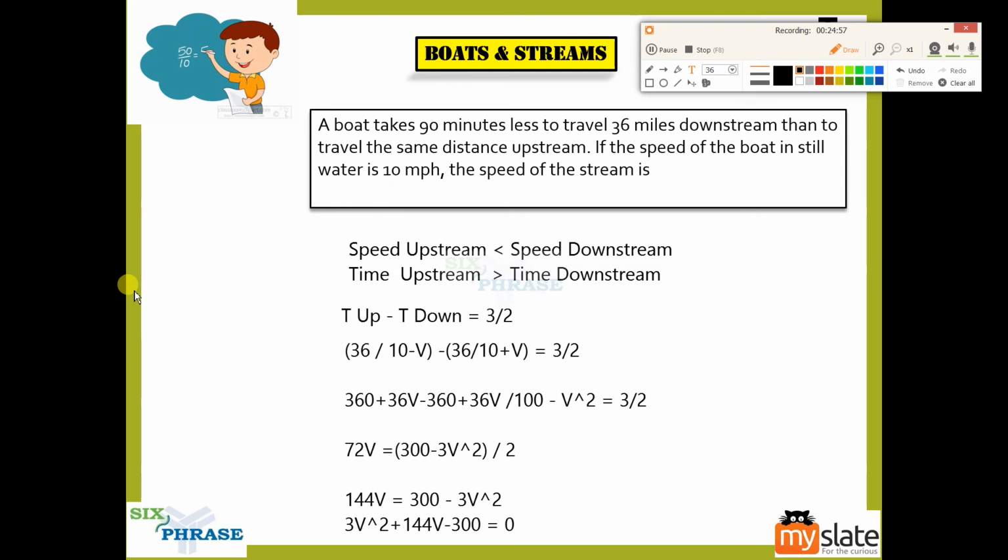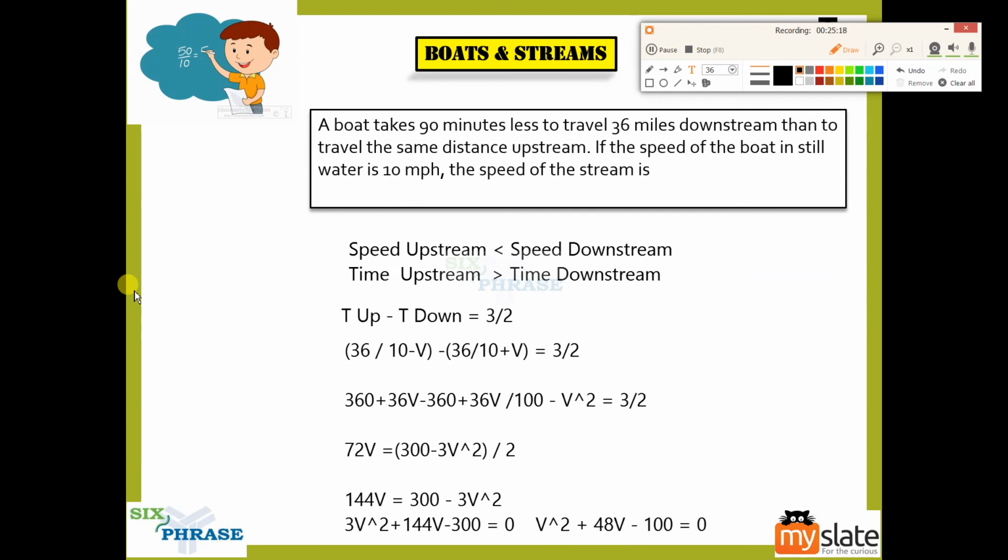Divide everything by 3, and the equation will become v squared plus 48v minus 100 is equal to 0.